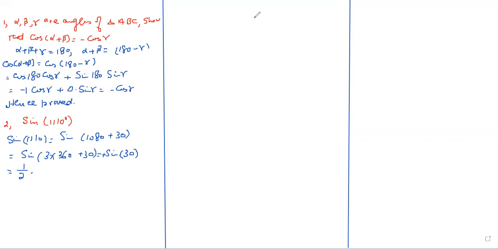Question number 3: tangent of pi by 4 minus theta plus tangent of 3 pi by 4 plus theta equals 0.